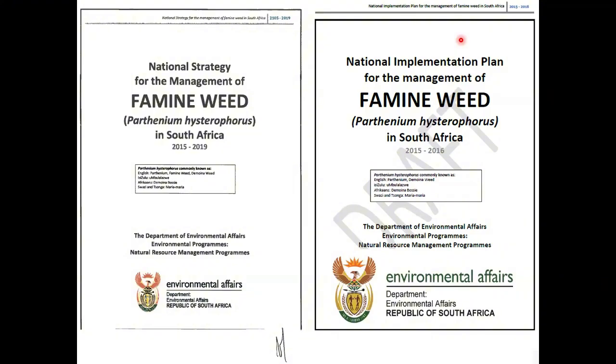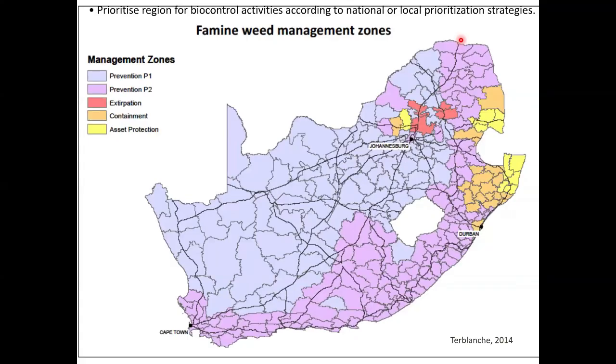For Parthenium in South Africa, there was actually a national strategy and an implementation plan developed for a period of time, and that was then updated after 5 years or so, and that directed efforts. The country was basically divided into zones where we would use different control methods.